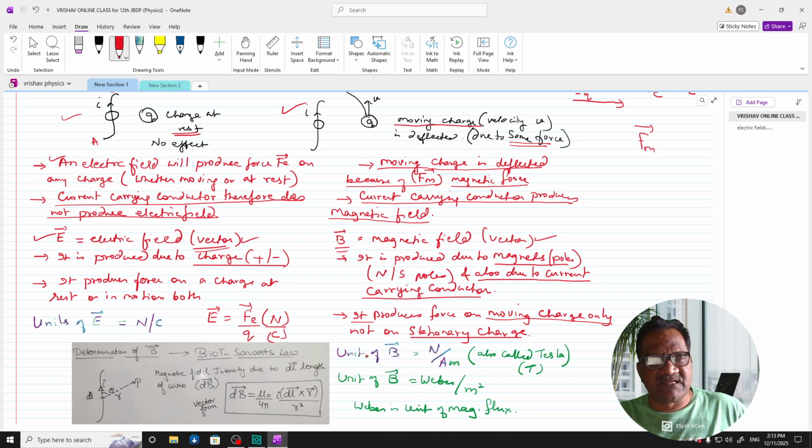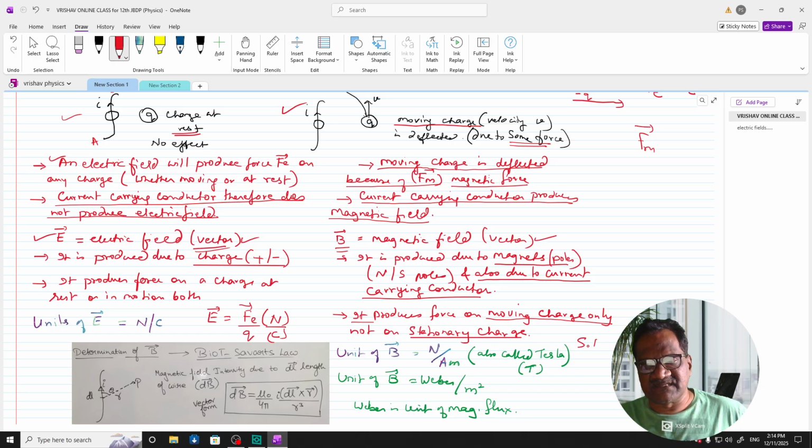In the same way, this magnetic field B will have a unit of Newton per ampere meter. This is one of the units of magnetic field, and this is the unit in the SI system.